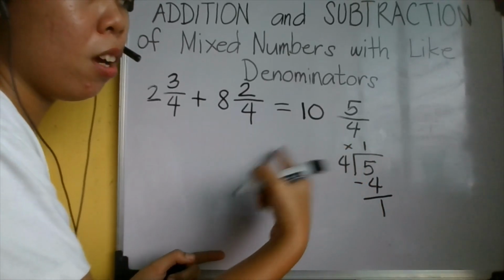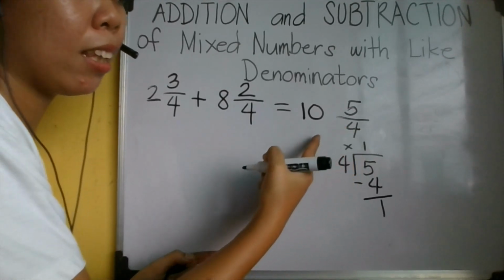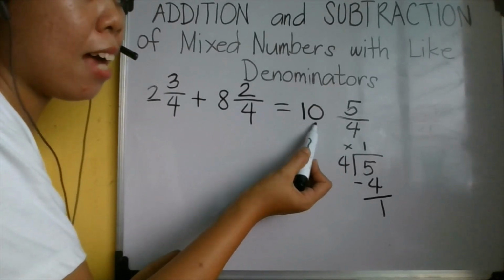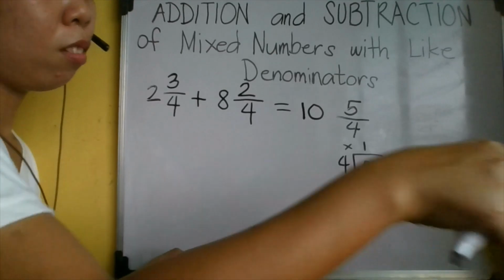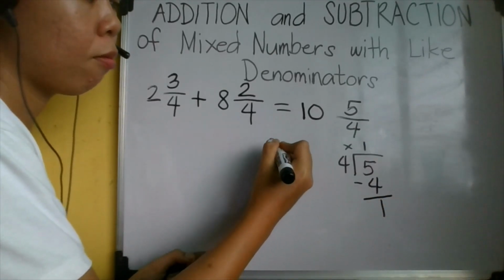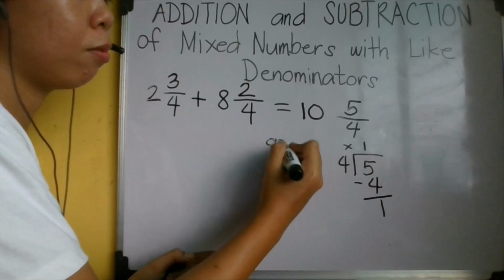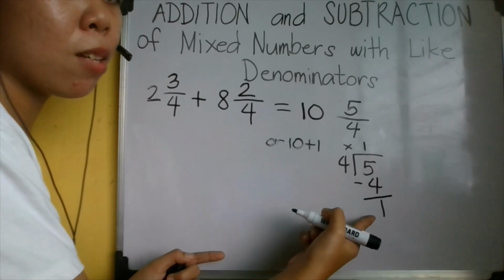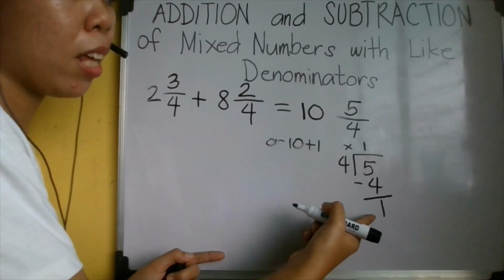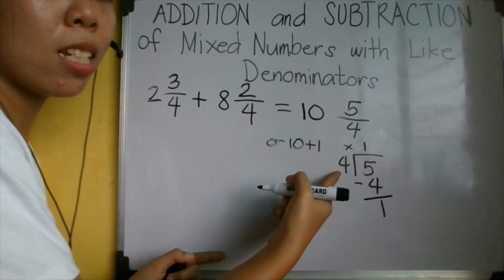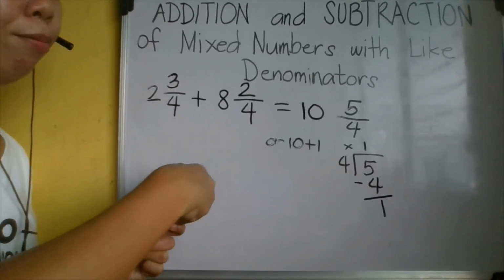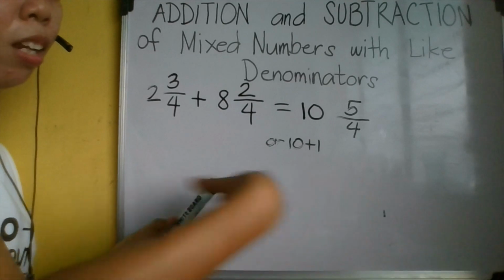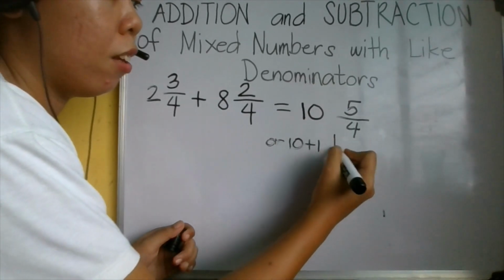The whole number we got from dividing 5 by 4 we add to 10, so we have 10 plus 1. Then the remainder becomes the numerator, 1, and the denominator is still the same. So 1/4. So 10 plus 1 and 1/4.